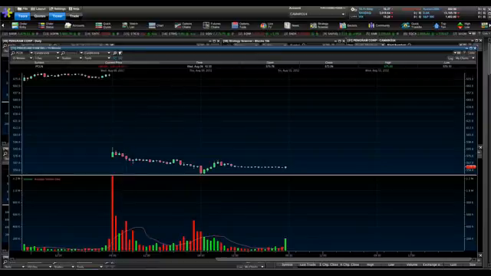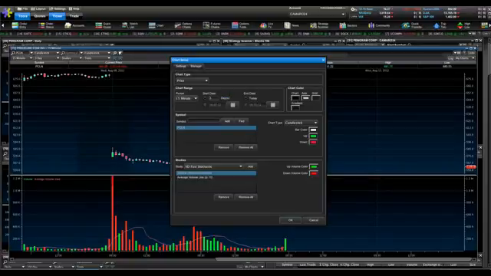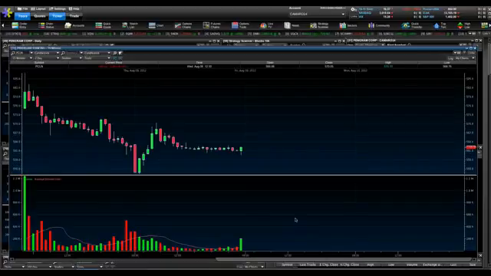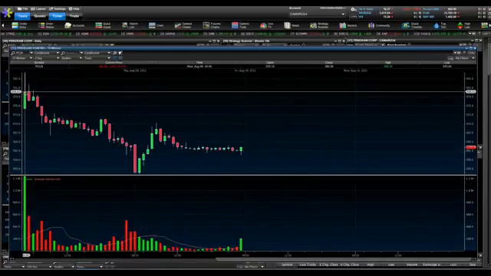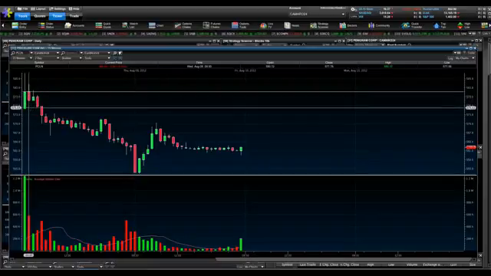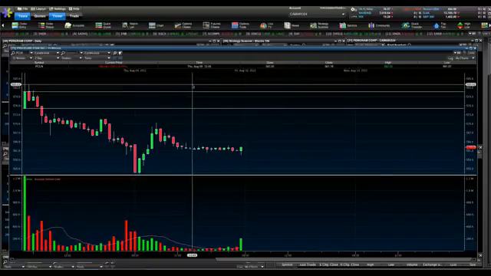So Priceline. Let's do this. Priceline was the big gap down the other day. And when a stock gaps down over 10%, it's not going to fill the gap.